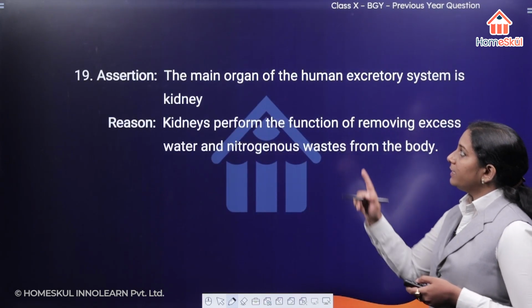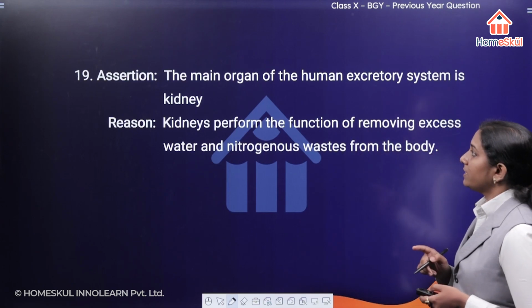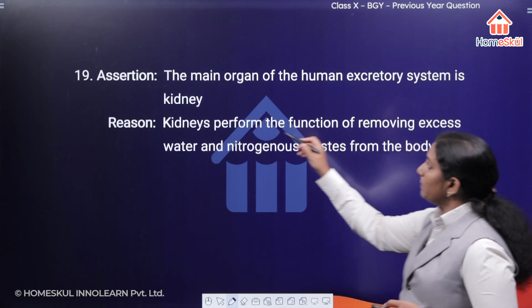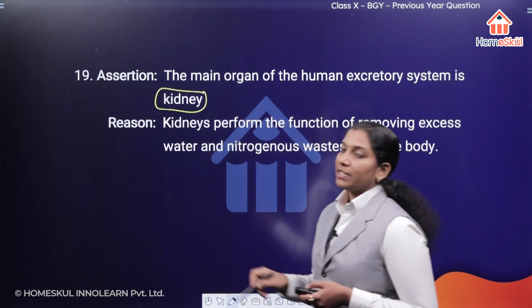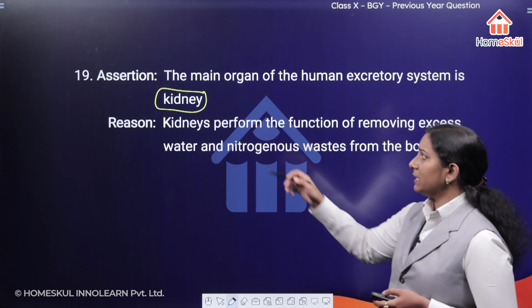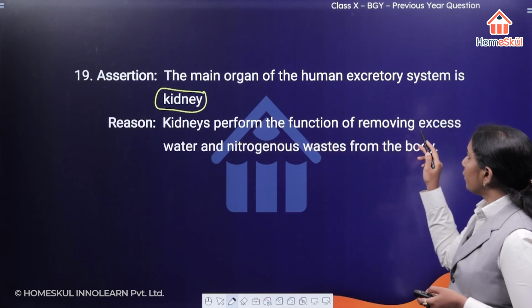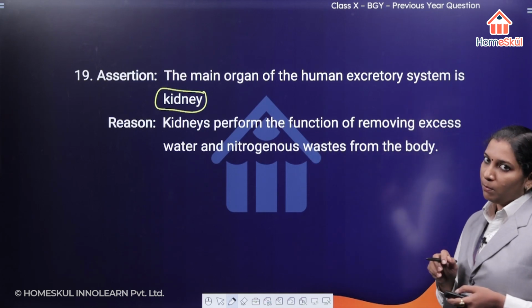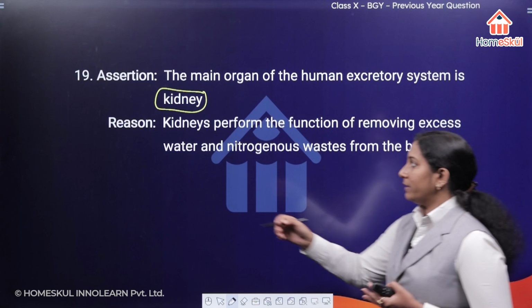Next assertion: the main organ of the human excretory system is kidney. We know that kidneys act as the main excretory organs in our body, right? So what is the reason for that? Because kidneys perform the function of removing excess amount of water and nitrogenous waste from the body. That is correct, right?